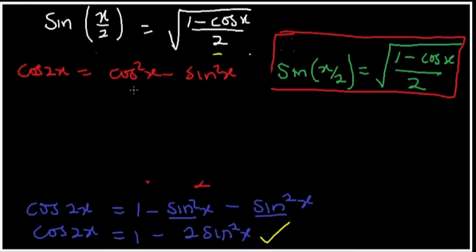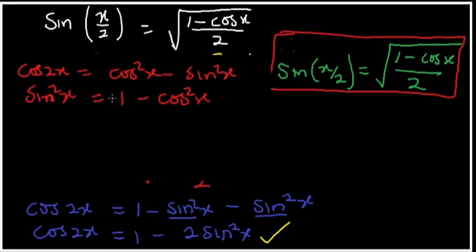So when we want to get it in terms of cos, we can also say that from that formula, sine square x is equal to 1 minus cos square x. I actually got this from sine square x plus cos square x is equal to 1. So I just collected like terms.